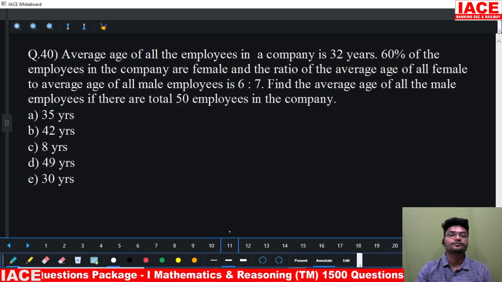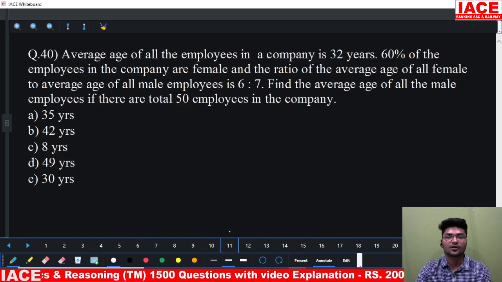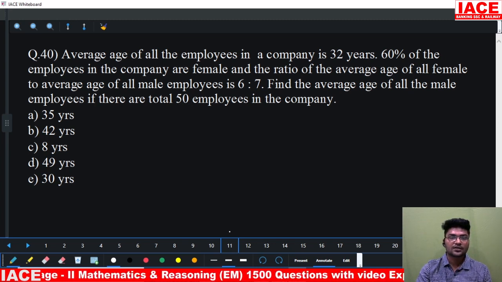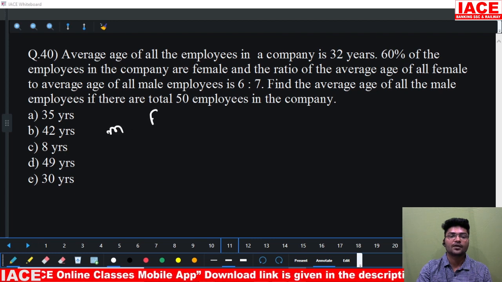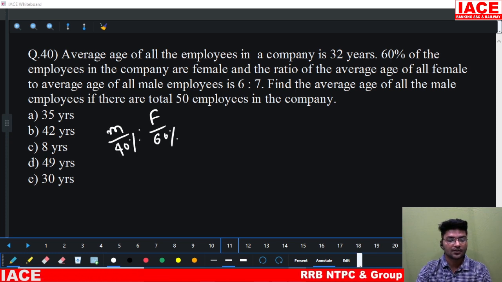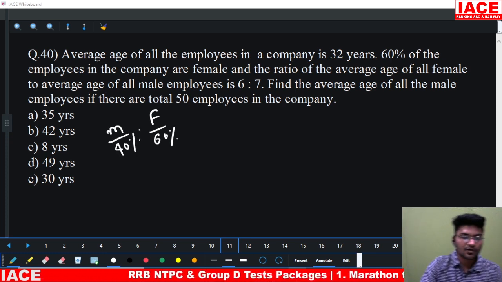Next question. Question number 40. Average age of all the employees in a company is 32 years. 60% of the employees are females. So I have male employees and female employees. Female employees are 60%, which means male employees are 40%.